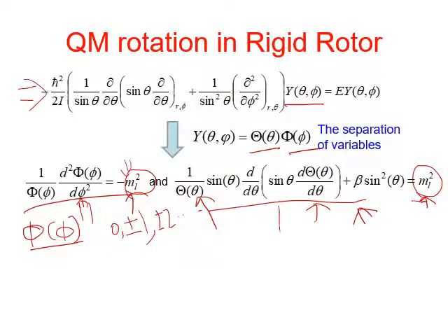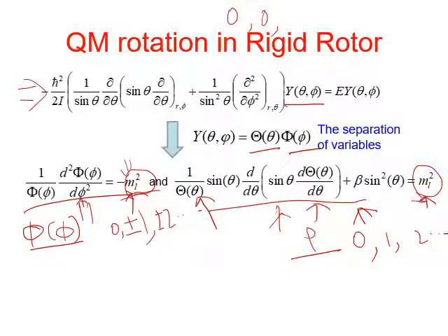However, when we solve this second equation, another quantum number, which is labeled l, comes out, and l can only be 0, 1, and 2, and keep going. Now these two quantum numbers, ml and l, are not independent. For example, if l is 0, then ml can only be 0. ml is determined by l.